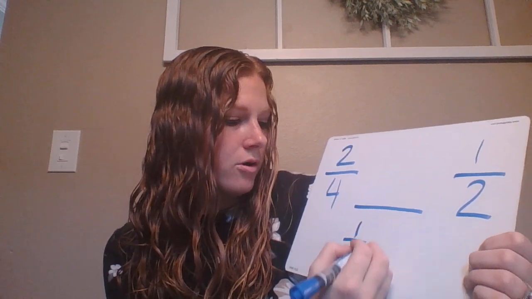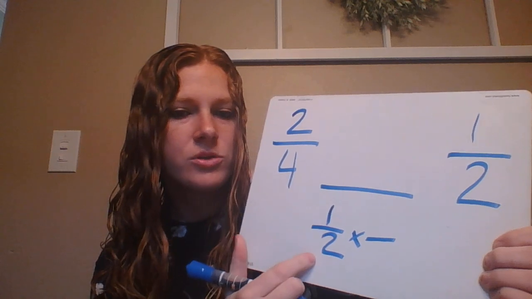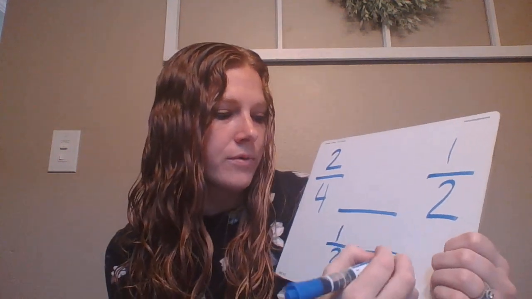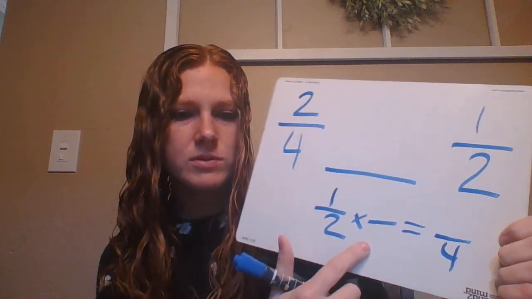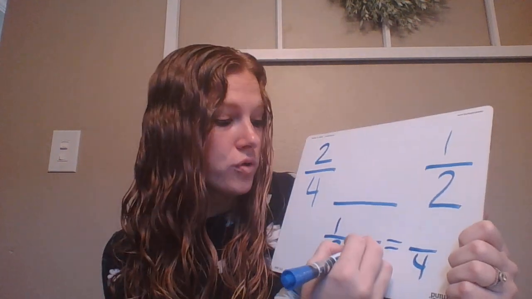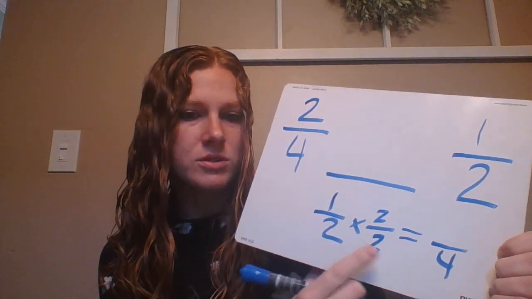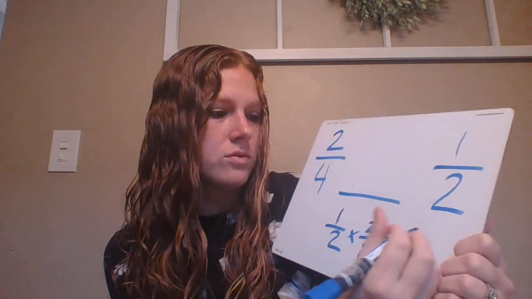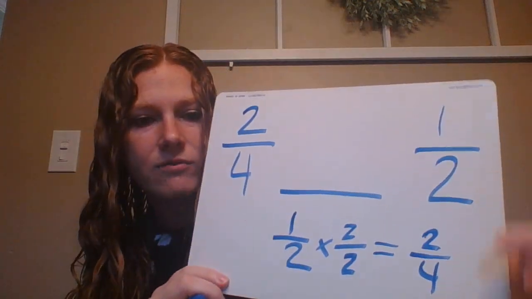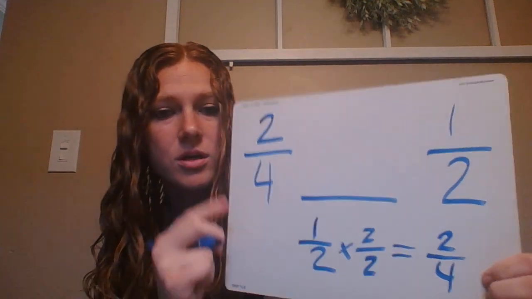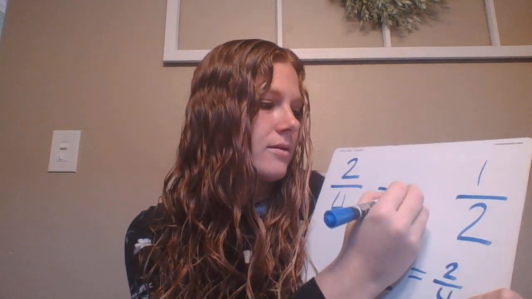So I would have to multiply the 2 by a certain number so that I get the denominator of 4. 2 times what is 4? 2 times 2 is 4, and I would have to do that on both top and bottom. So 2 times 2 is 4. 1 times 2 is 2. So I know that 1/2 is actually the same as 2/4. So when 2/4 is equal to 2/4, I put the equal sign.